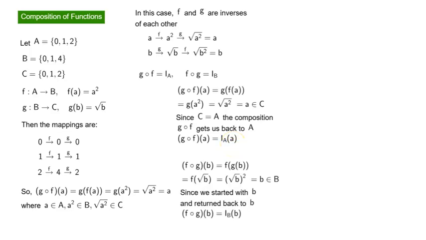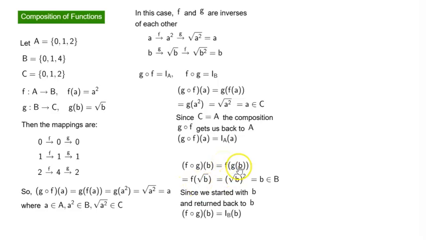And in the second case, f of g is equal to I sub B. We reverse the order of the functions in the composition: f of g of B. Because now, g's domain is the set B, so we start with an element from the set B. First g is evaluated and then f.